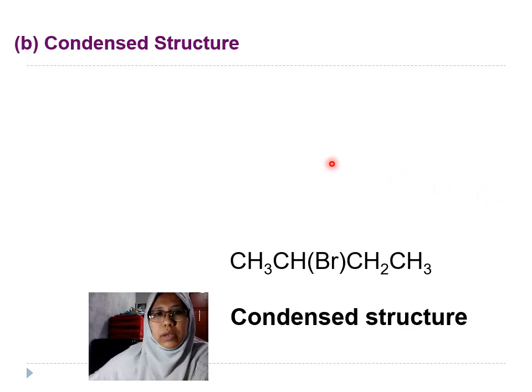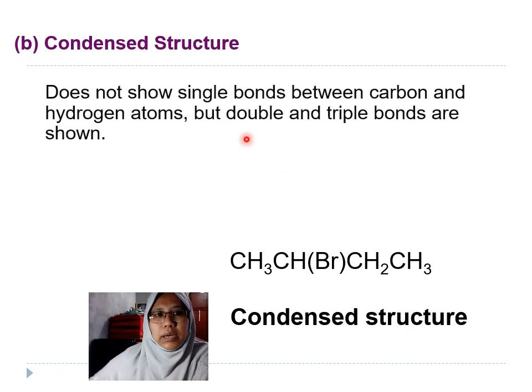So what's going to happen is condensed structure does not show the single bonds between carbon and hydrogen atoms, but double bonds and triple bonds will be shown. Otherwise, we wouldn't know whether there is a double bond or triple bond there.